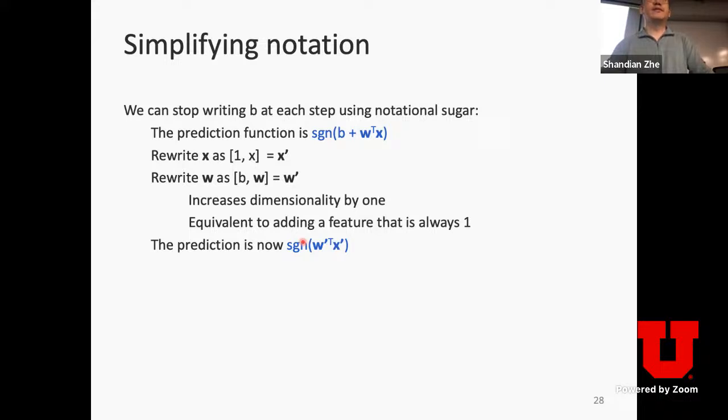Does it make sense? Because B is folded in W prime, and the constant 1 is folded in W prime, when you do this dot product, you still get W transpose X plus B. It's the same thing, but we have some notational sugar to help us avoid writing out an additional symbol.